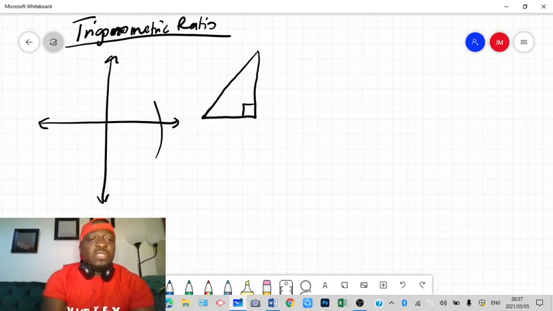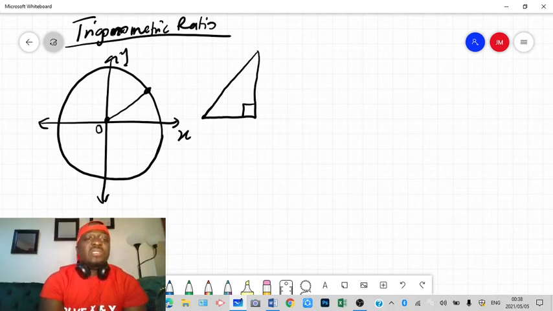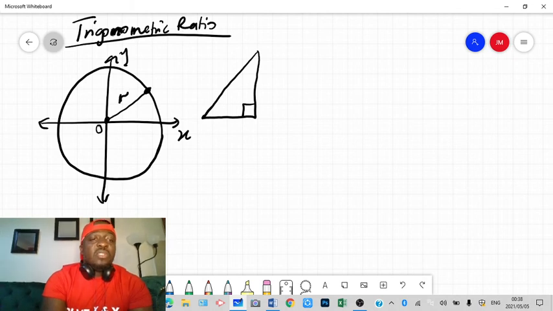So if I draw a circle around this Cartesian plane of your y and x, and draw a line from this point to this point, which, if this is the origin, this is the center, this line is going to be your radius. Drop a line here, and then sitting on the horizontal line will give us a 90 degrees, because you have a vertical and a horizontal.